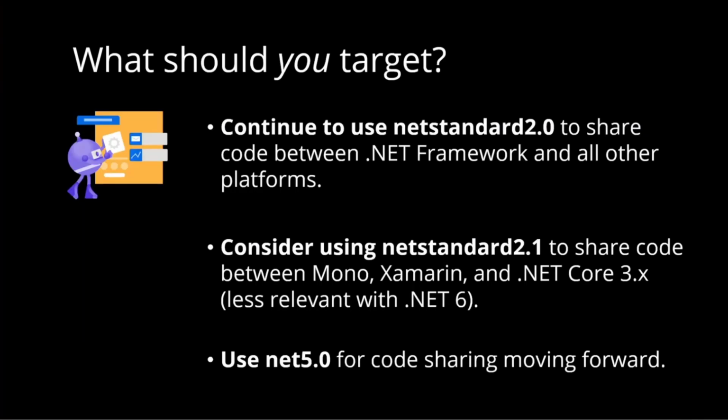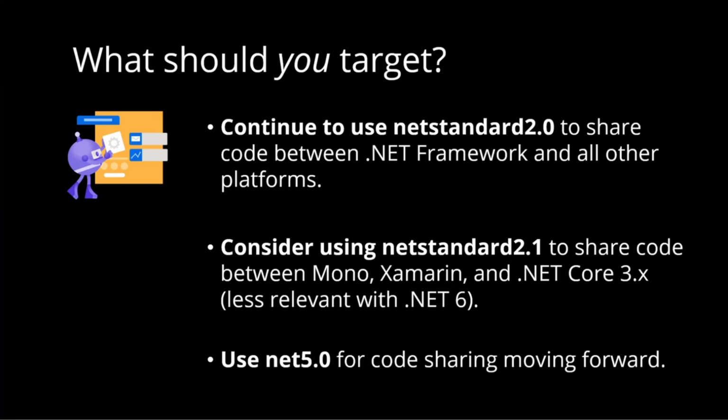Continue to use .NET Standard if you're sharing code between .NET Framework and other platforms. The key thing is if you're targeting .NET Framework, even if you have an application that's only using .NET Framework, get your business logic into a .NET Standard class library. Upgrade that class library to .NET Standard 2.0, because when you do need to migrate from .NET Framework to .NET 5, .NET 6, whatever version going forward, you're eventually going to want to do that.